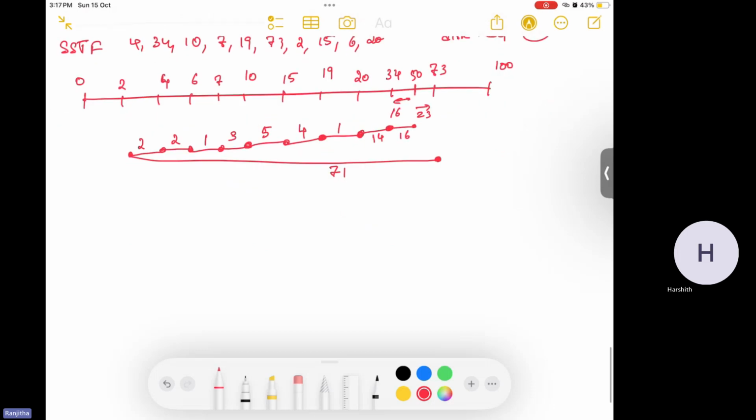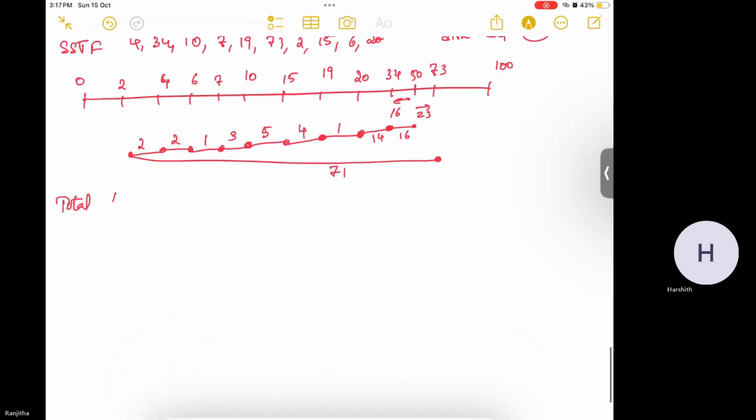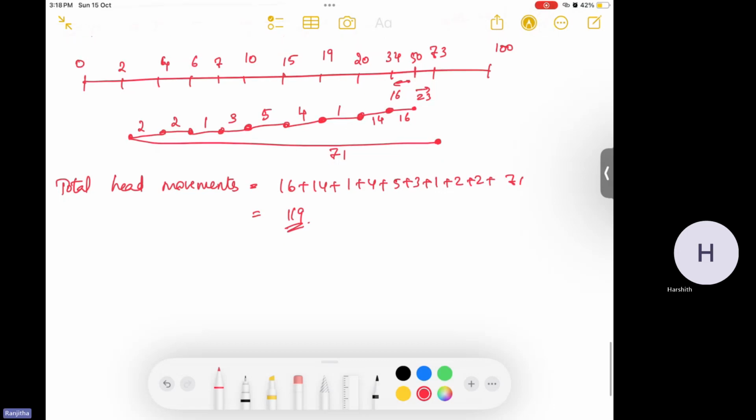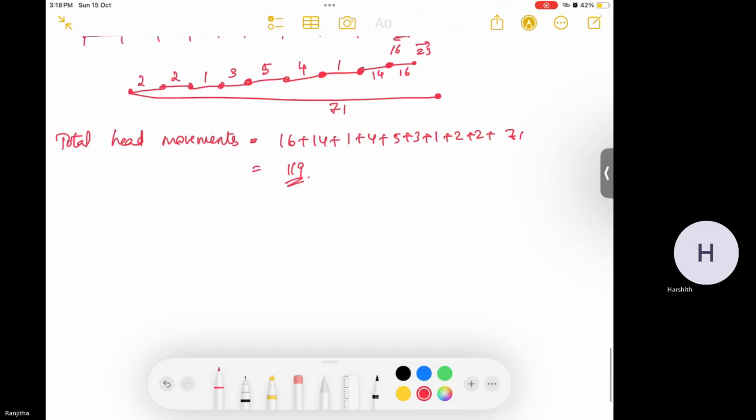So here the total head movements equal 16 plus 14 plus 1 plus 4 plus 5 plus 3 plus 1 plus 2 plus 2 plus 71, which is equal to 119. So this is about shortest seek time first.